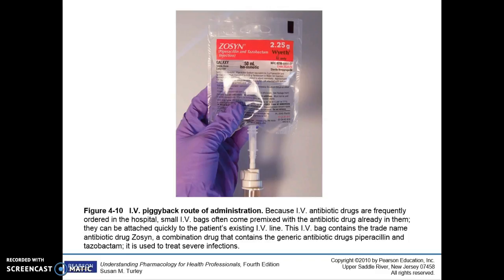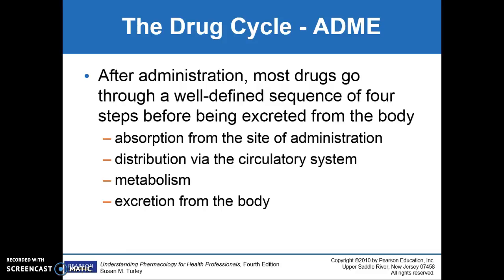There's a few other routes that you're going to read about in this particular chapter. You're also going to be looking at the drug cycle in this chapter. Once a drug has been administered, you're going to look at ADME. ADME is all about absorption, distribution, metabolism, and excretion.